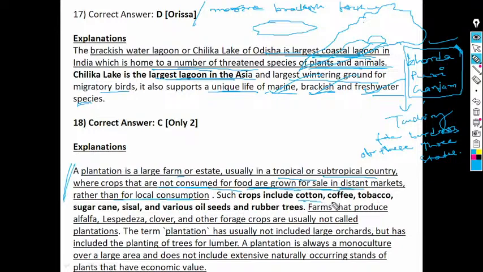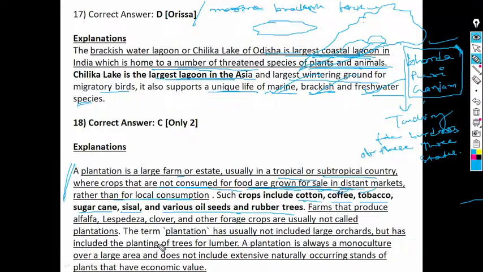Such crops include cotton, coffee, tobacco, sugarcane, sisal, various oil seeds and rubber trees.